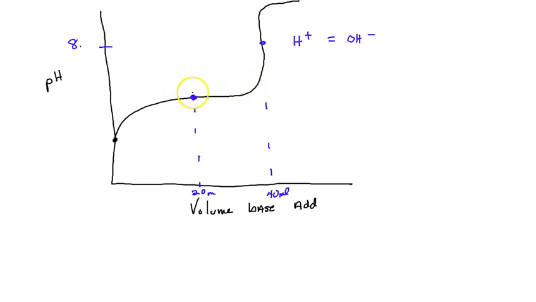I'm halfway, which means at this point, if this is 100% conjugate acid and 0% conjugate base, A negative, at this point, I have 0% HA. All of it's been forced away. We've talked about that. And I have 100% A negative. We talked about that. But what's this position? In this position, we're halfway titrated.